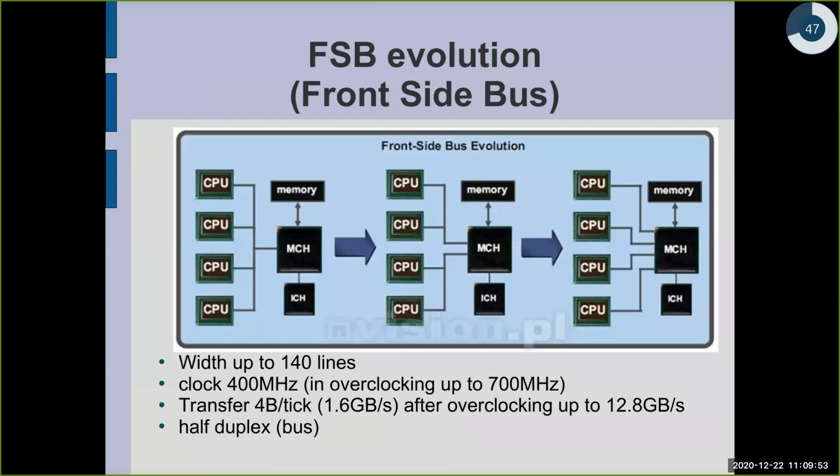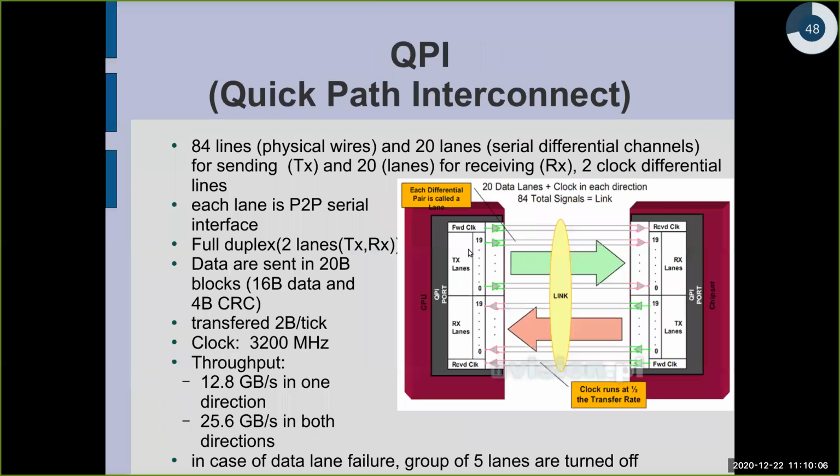But what has changed here? The FSB was replaced by point-to-point interfaces. They are not buses, so they are not shared, but they connect the processor with, let's say, the North Bridge, or they are able to connect the processor with another processor.